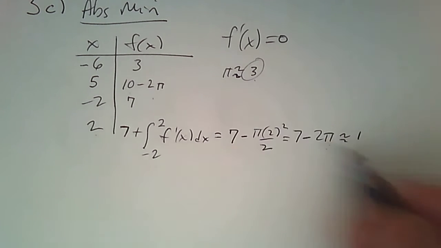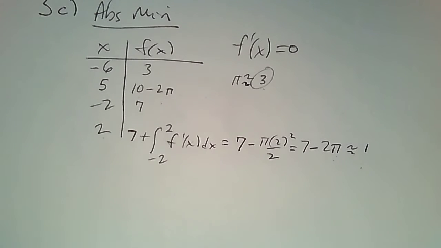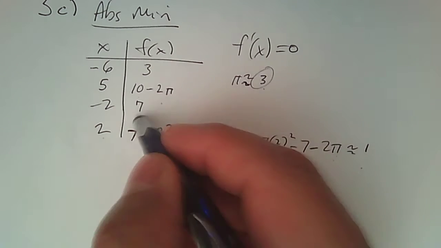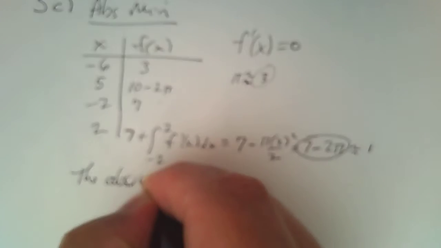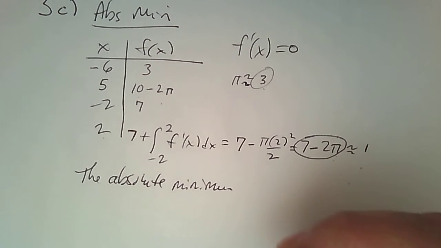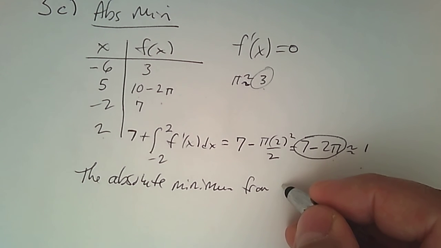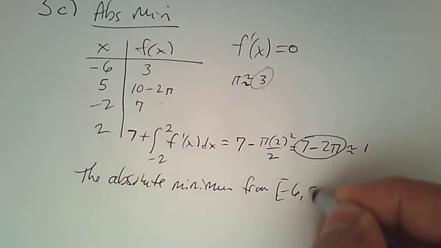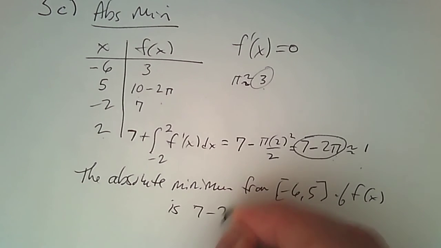So which one of these gives me the absolute minimum? When they ask for absolute minimum, they're not asking for the x-coordinate, but what the actual value of that function is. So which one gives me the smallest answer? And you can see it's this last one right here. So the absolute minimum from -6 to 5 of f of x is 7 subtract 2 pi.